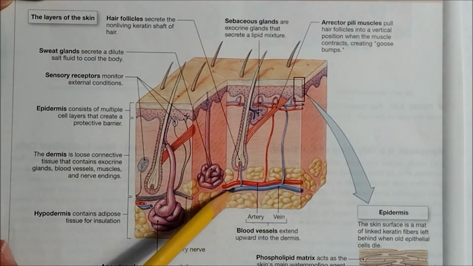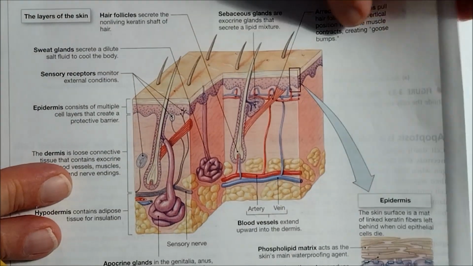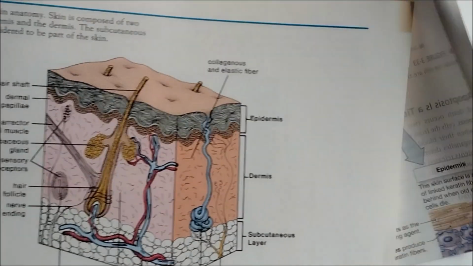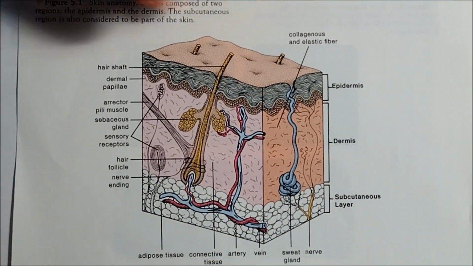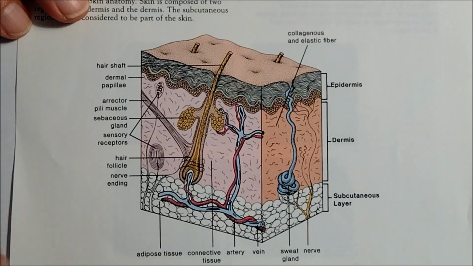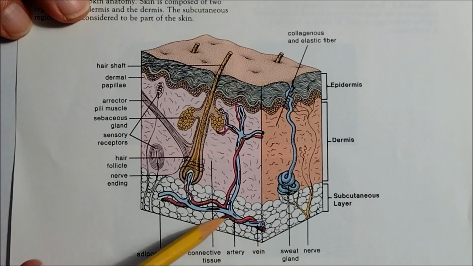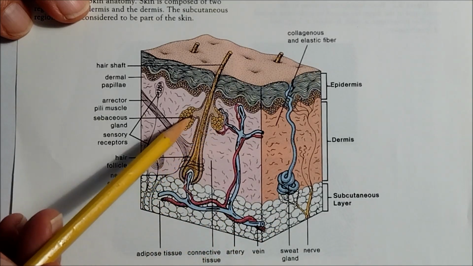And we see a rich supply of blood vessels. No surprise there. Here's a little bit different picture. But again, you should be able to, by now, picture a number of these in your mind. Blood vessels, fatty tissue down below, sweat gland, oil glands.